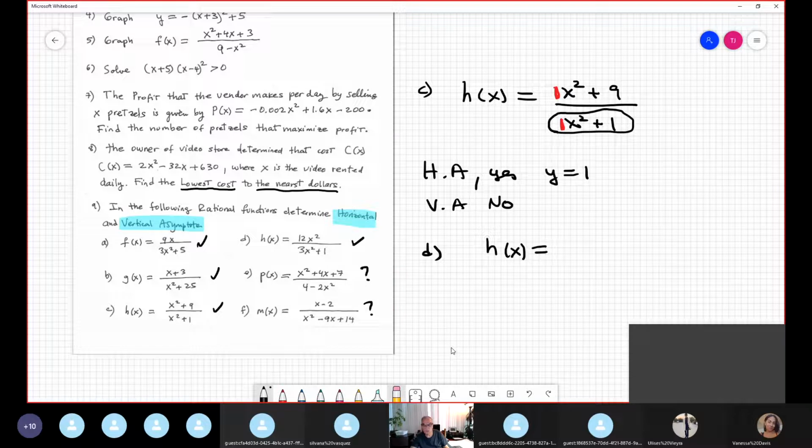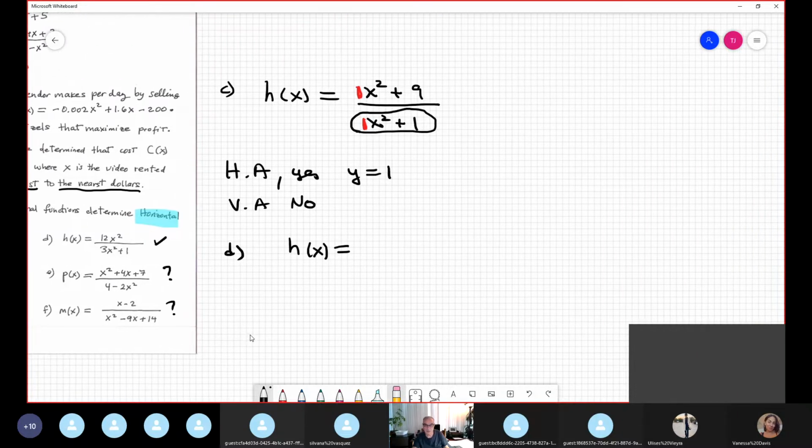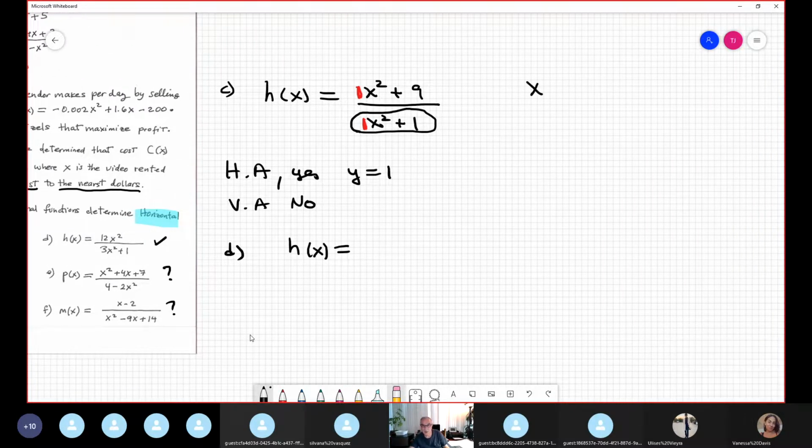Is it 1 or negative 1? No, it's positive 1. Look, Melanie, for C, no, it's positive 1. Where does it come from? The analysis is clear: x squared plus 9 divided by x squared plus 9.